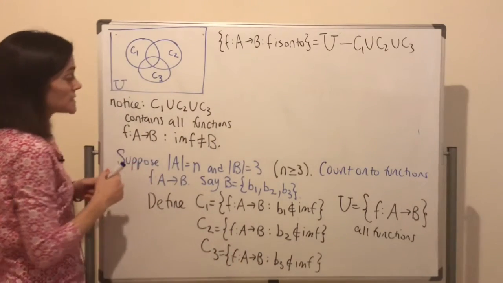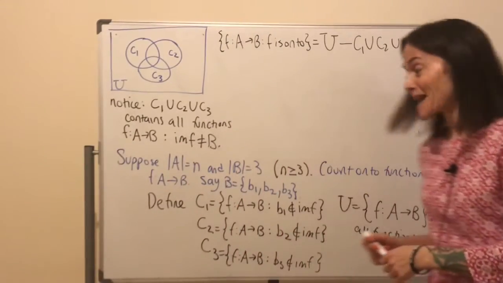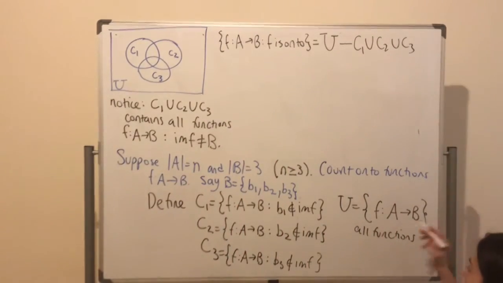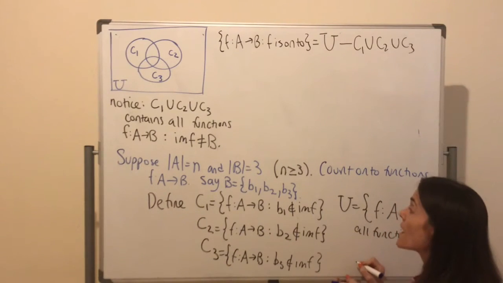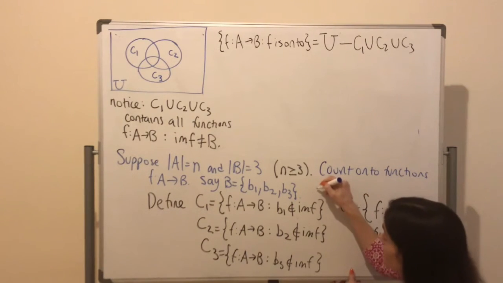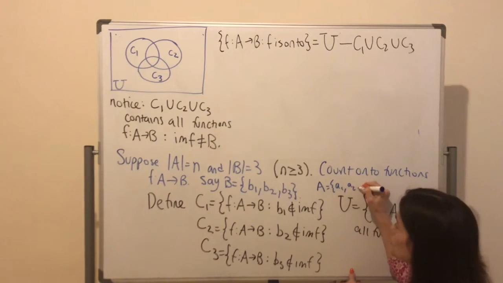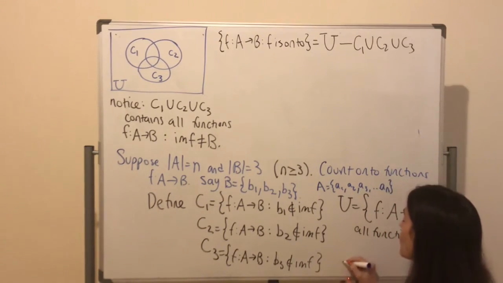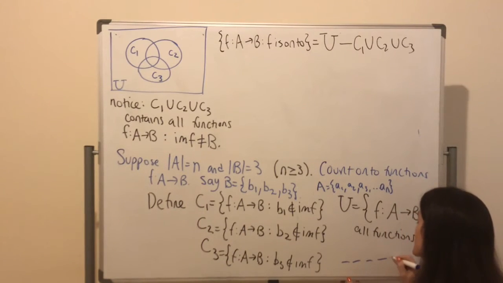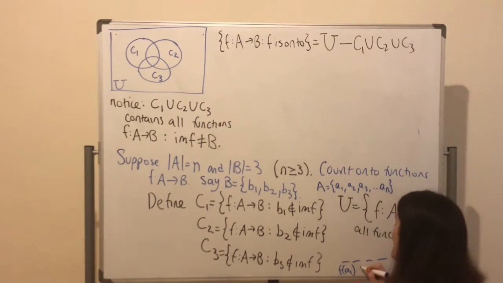So now let us count the number of things in U, and maybe I will even go down here to do my little side work. What is a function from A to B? Well, if A is A1, A2, A3 to AN, what I need to do is specify f of A1.